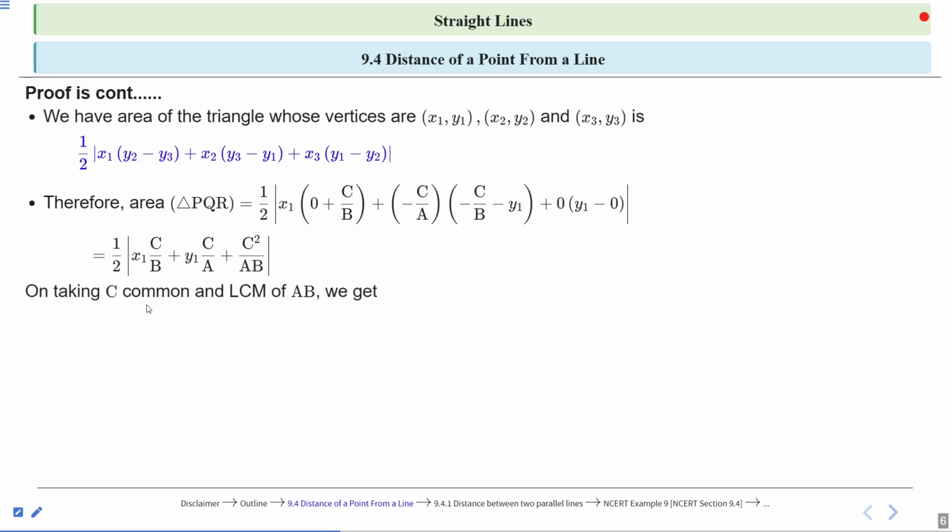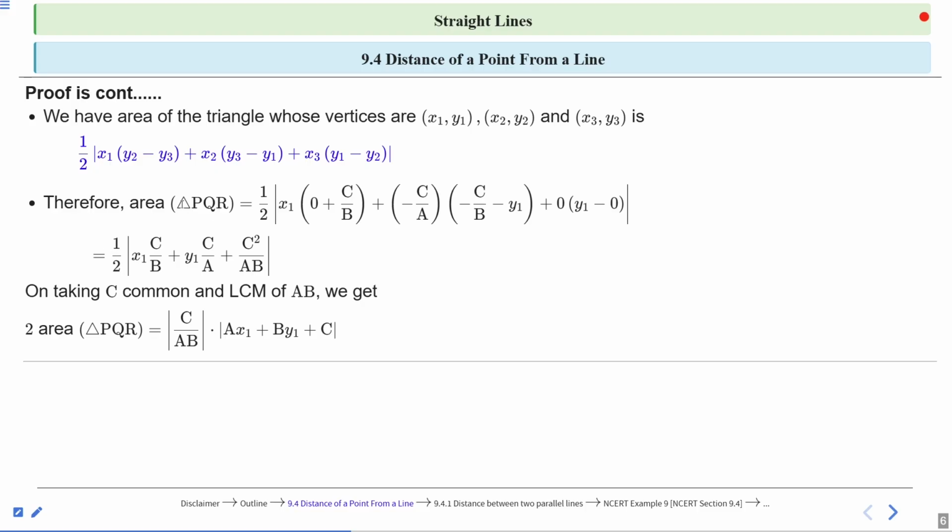On taking c common and taking the LCM of ab, we get, cross multiplying by 2, 2 times area of triangle PQR equal to modulus of c over ab times modulus of ax1 plus by1 plus c. So we obtain this equation: 2 times area of triangle PQR is equal to modulus of c over ab times modulus of ax1 plus by1 plus c.